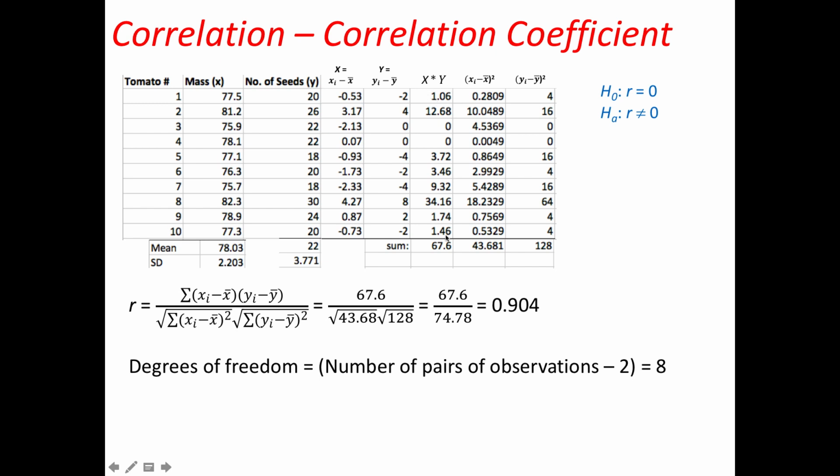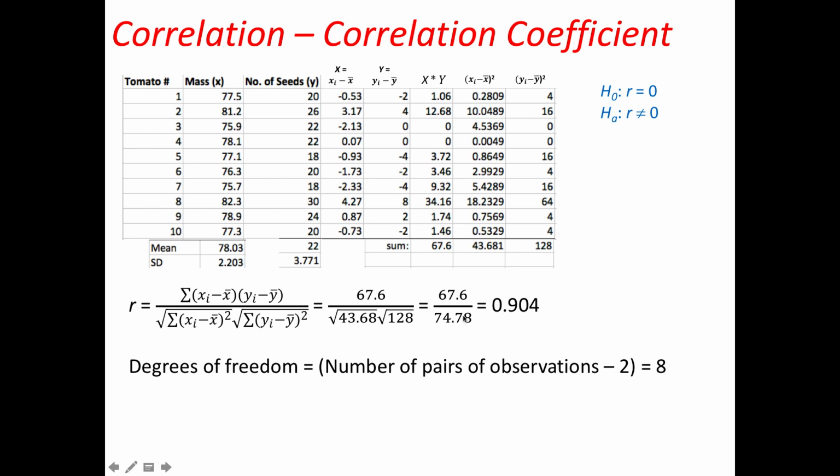You do this for all 10 tomato plants, and then you sum that up, and this value goes here. Then for these values, you take this value and square it, and you take this value and square it, and then you add those all together and get the sums, and that's what goes in these positions. You take the square root of those, multiply them together, and you get this value.